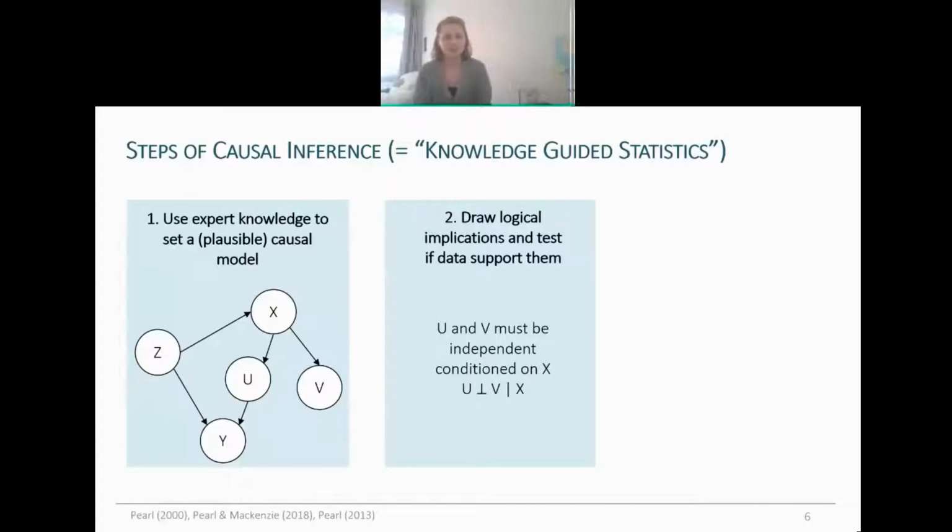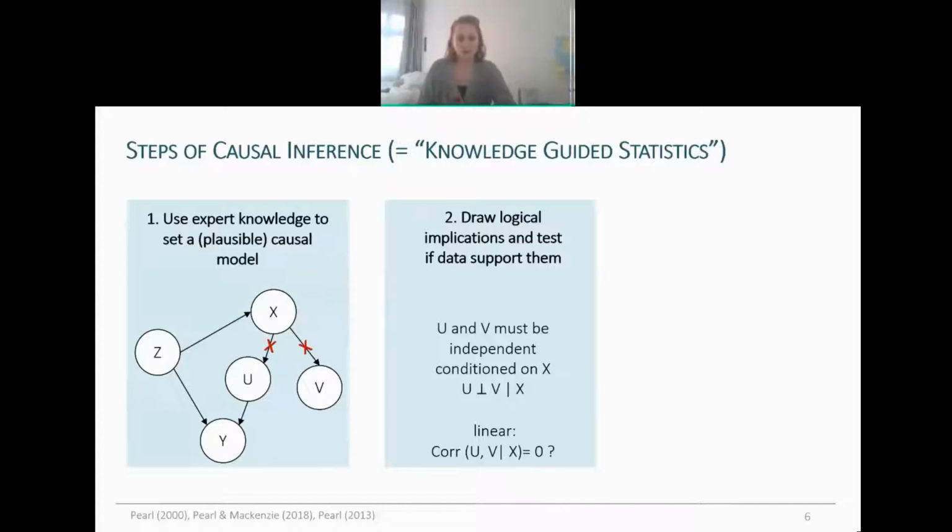And then the second step is that we can now make use of these explicit hypotheses or assumptions and draw some logical implications to see if the data we collected, for example our observation data or model data, support this network. So in this case, for example, you can see that the processes U and V are not directly connected, but they do have a common driver X. But once we control for X, so once we block this influence of X, and in the linear case we could just calculate the partial correlation conditioning on X, we would expect this correlation to be 0 then.